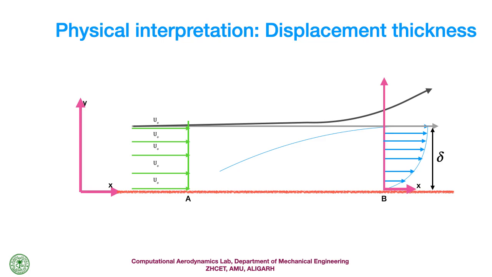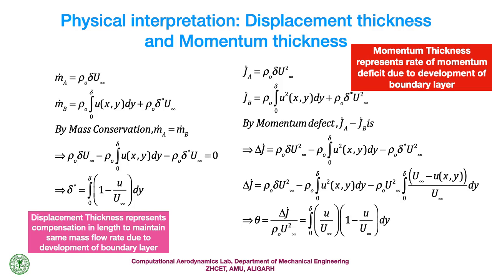And above that there will be a constant u infinity. Now let us consider this length by which the velocity profile is deflected as delta star. Now if I try to write down the mass flow rates at these two sections, at section A the mass flow rate will be rho naught into delta into u infinity, and at section B there will be two parts.